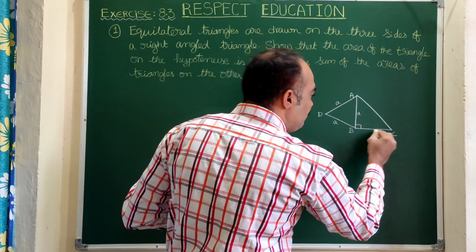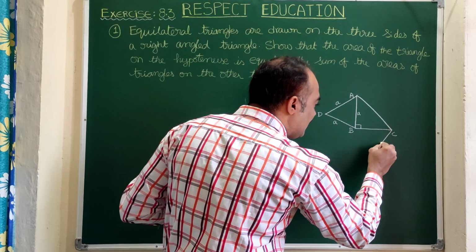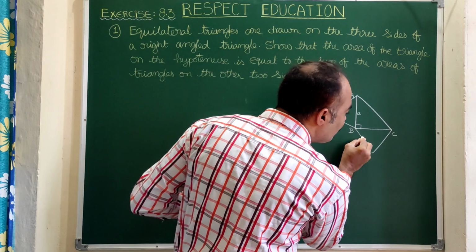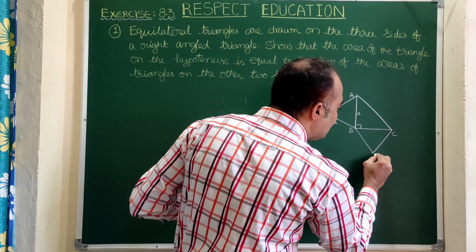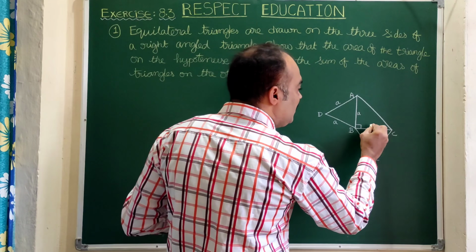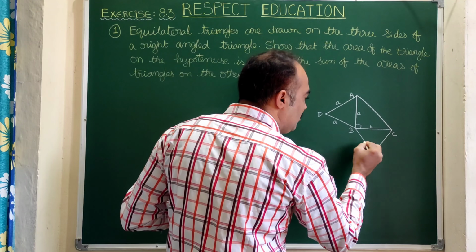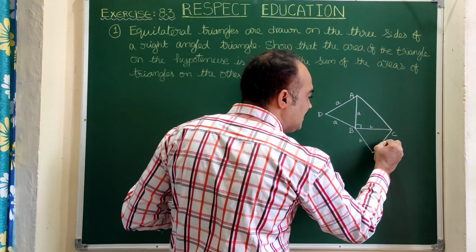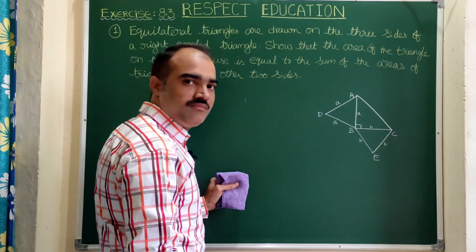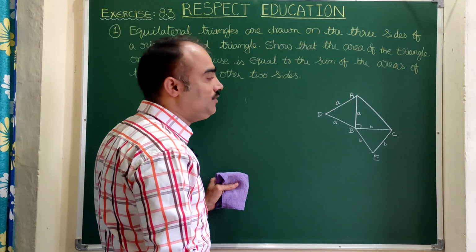So here, based on BC, let us draw one more equilateral triangle. Name it as BEC. What about its measurements? If we take BC as b, then BE is also b, CE is also b. And one more side AC is there, that is also called the hypotenuse.